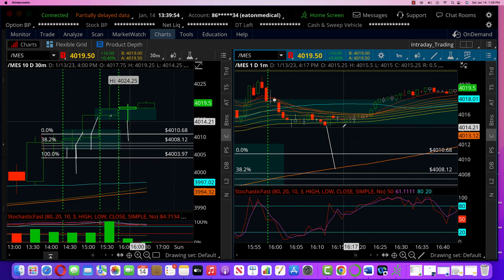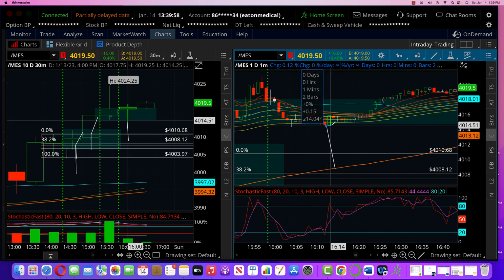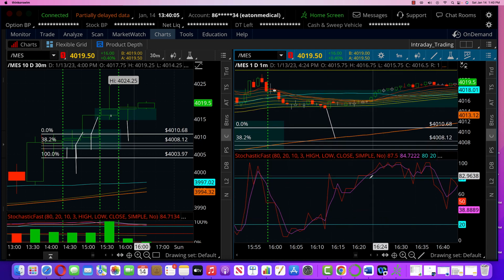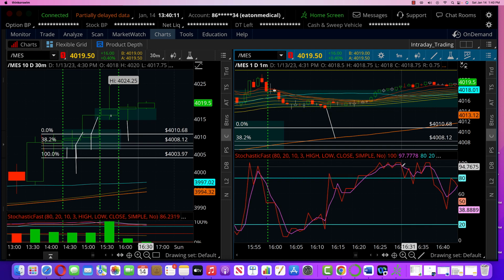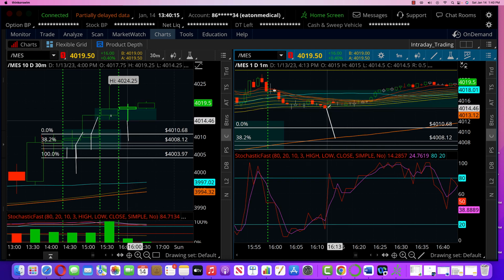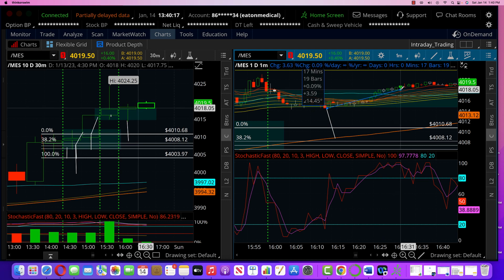Okay, so your stop is here, and you would be looking at your stochastic, looking for a slowing of momentum right after here, right? When you see that fast clearly cross below the slow, that would have been this candle.